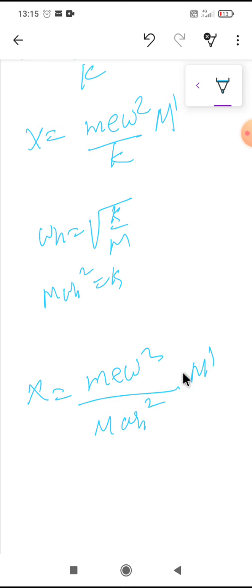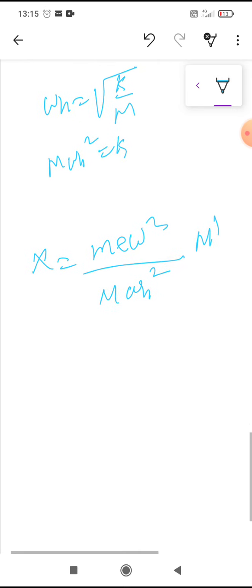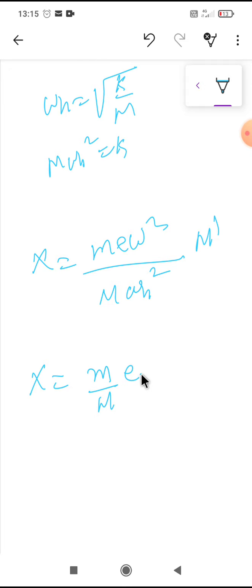This m and this m are different: this is the total mass and this is the magnification factor. Now omega by omega n is nothing but the frequency ratio, that is r. So I can write this as m by m e r square m dash.